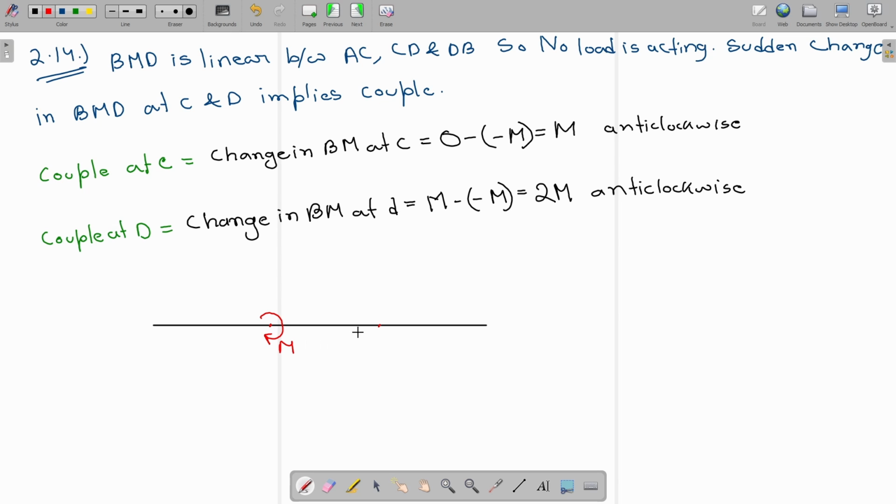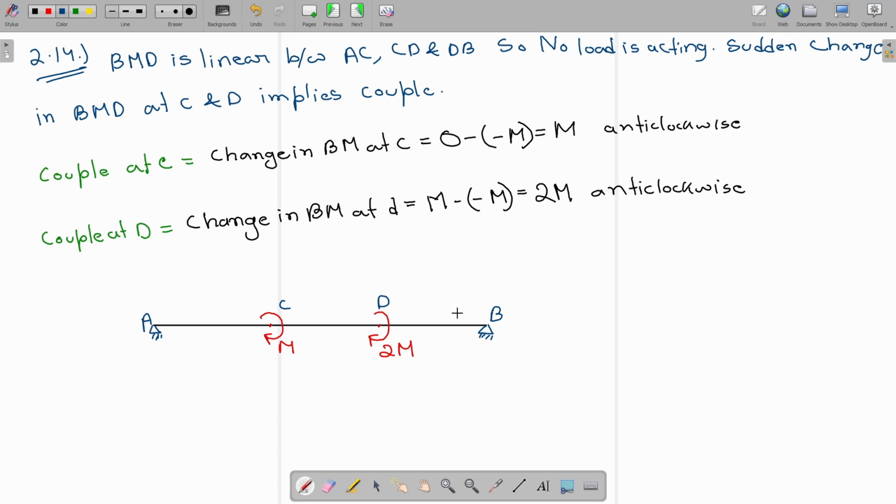This is the moment M, this is the moment 2M. This is A, B, this point is C, this point is D. This will be the shape of the beam along with the loading.